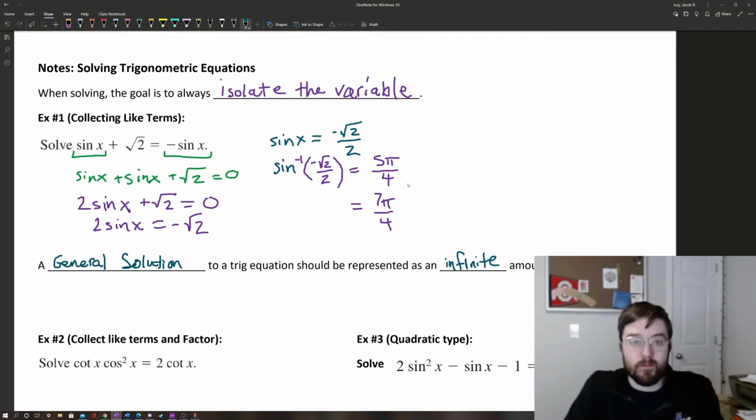We know that there are more because we know that there are an infinite amount of coterminal angles to 5 pi over 4 and 7 pi over 4.